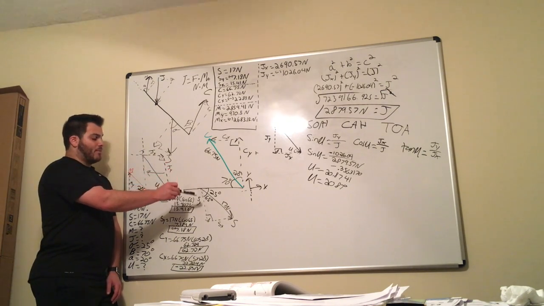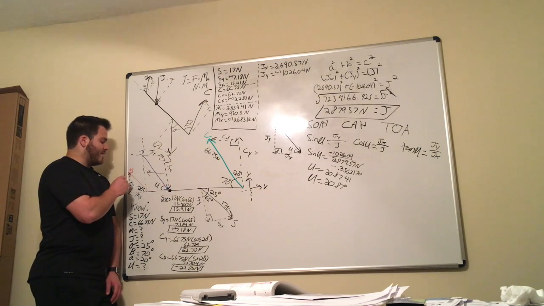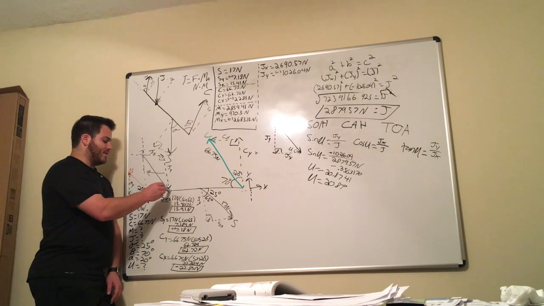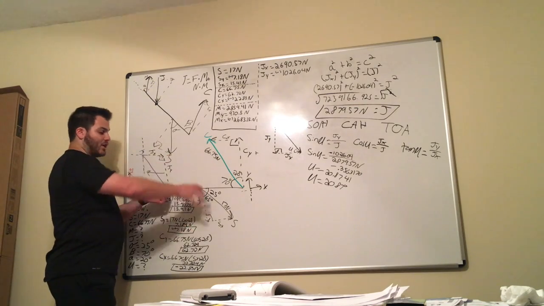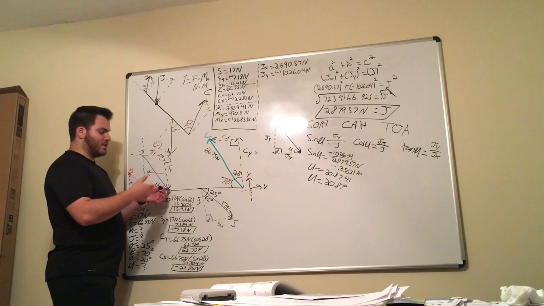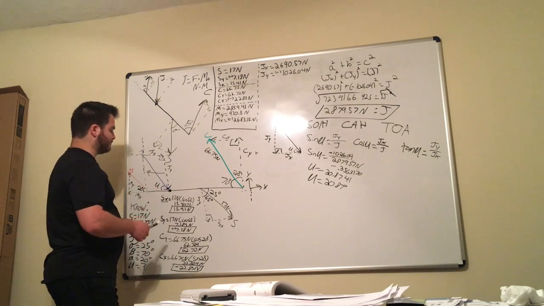We were able to add up the y component of S, the y component of C, and then solve for the y component of M. The reason we did that is because if we made this our joint, if we pulled this up or down, that would actually move our arm. But if you go X and Y, it's not going to change anything because this is our pivot point right here. That's not going to have any effect on the system.